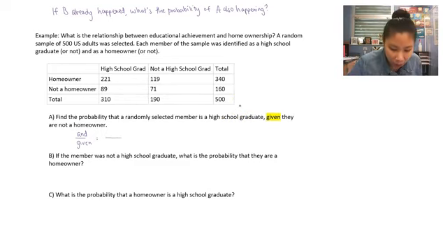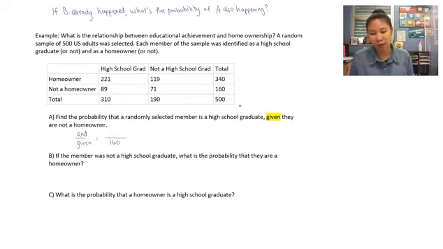So I'm going to look at all the people who are not homeowners because these are the only people we care about. If that's what's given to you, we only care about these people, not the total 500 that we had in total. So not a homeowner would be the 160 people. So already we know what the denominator is going to be of our fraction. Then on top, it's supposed to be the and.